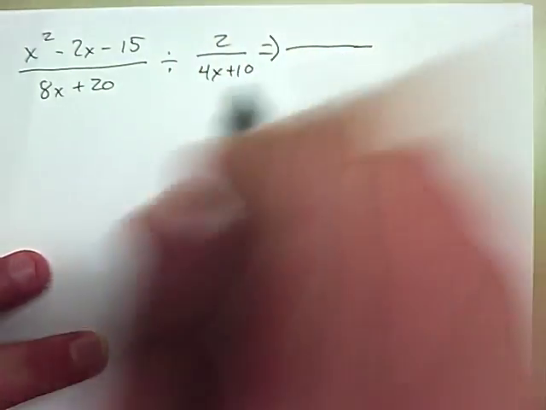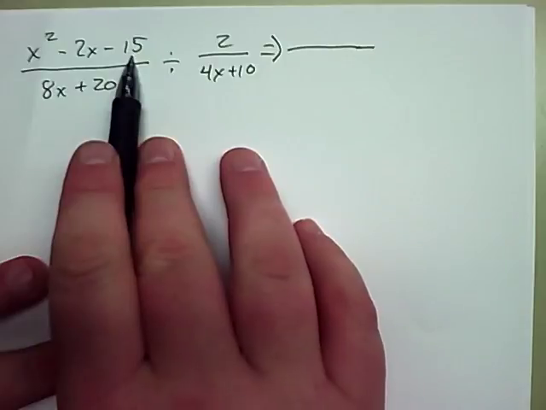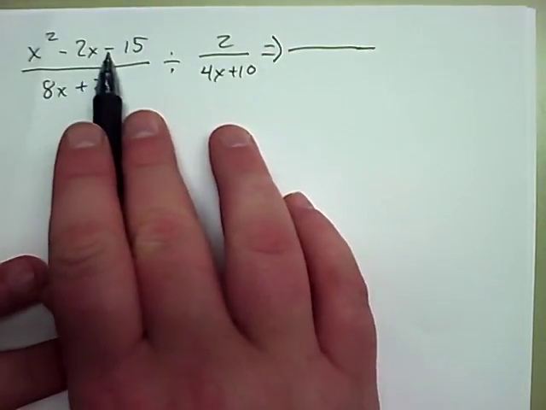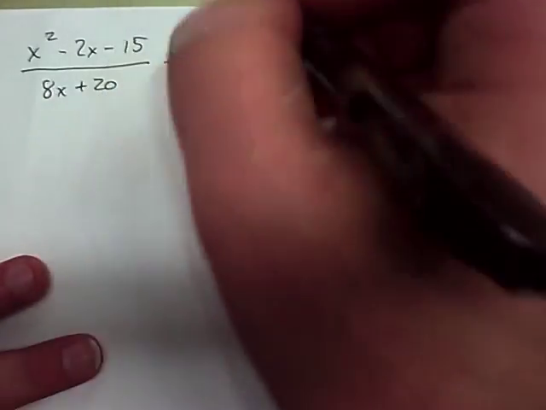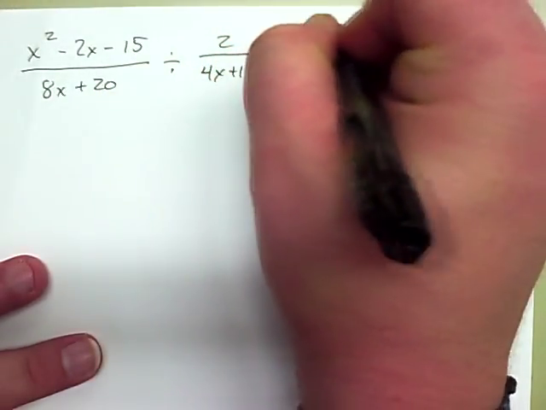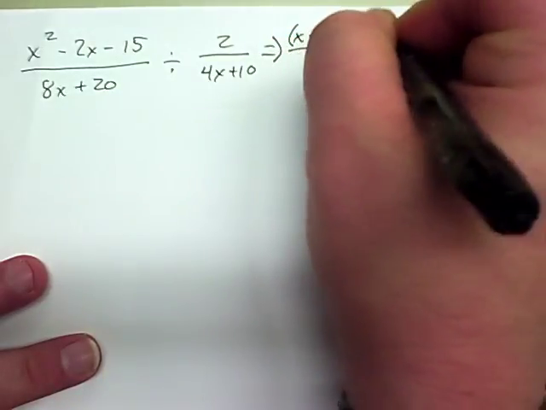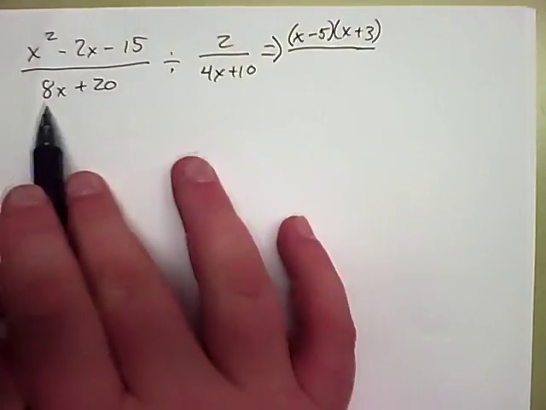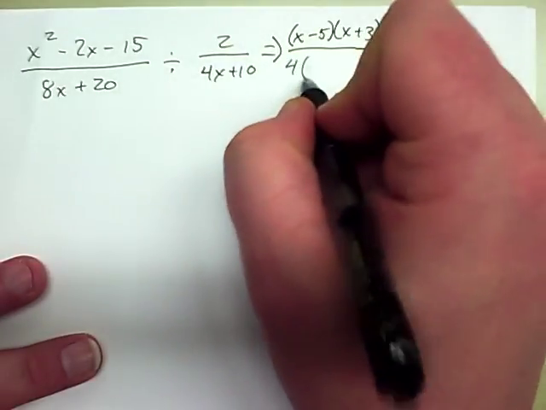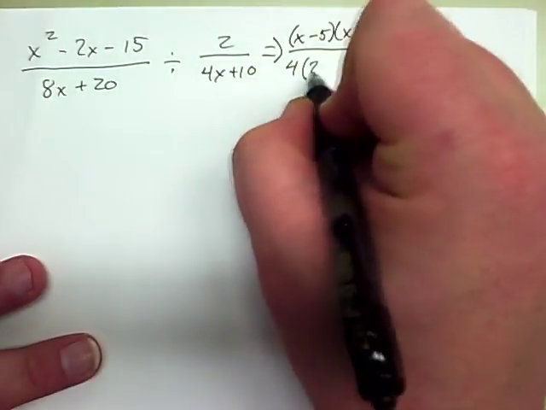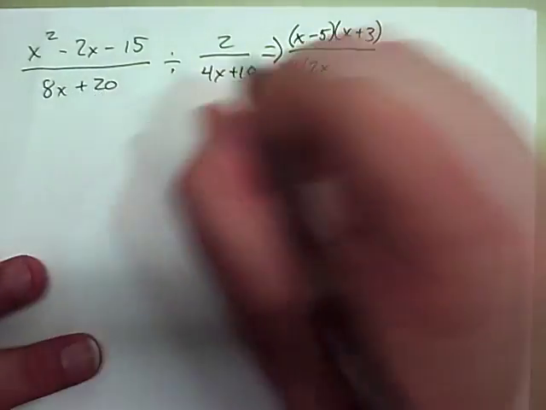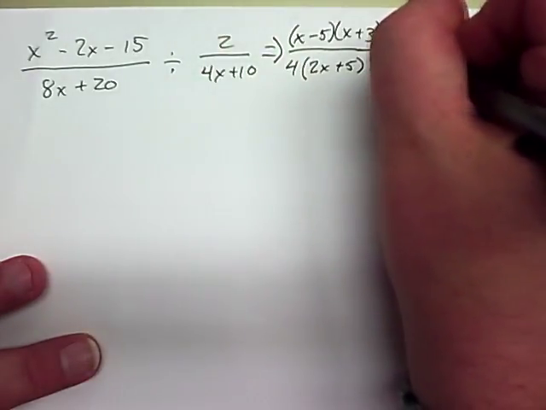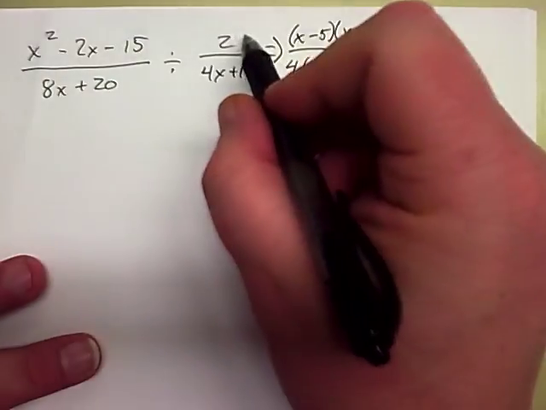X squared minus 2x minus 15. The factors of 15 that subtract to 2 are 5 and 3, different signs, and the negative is going to go with the 5. So here I have x minus 5 and x plus 3. 8x plus 20, my greatest common factor here is a 4. So I'll bring a 4 out. 8x divided by 4 is 2x, plus 20 divided by 4 is 5. Division turns into multiplication, and now I have to flip the fraction.